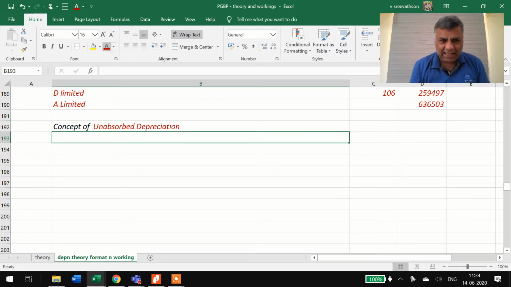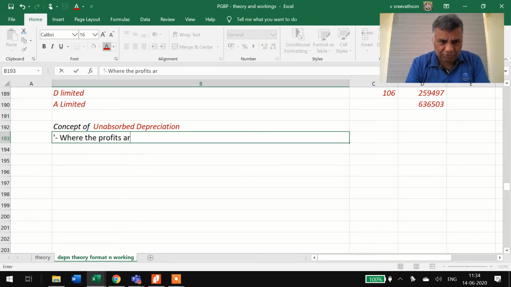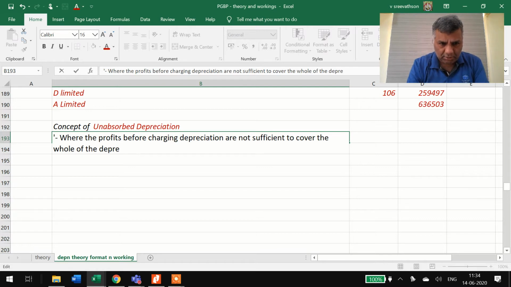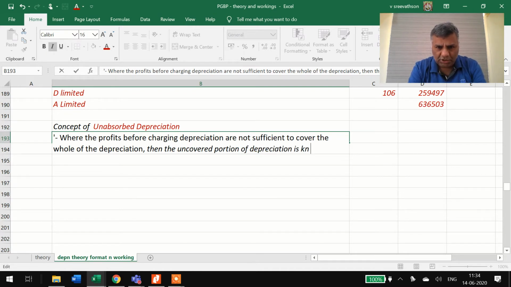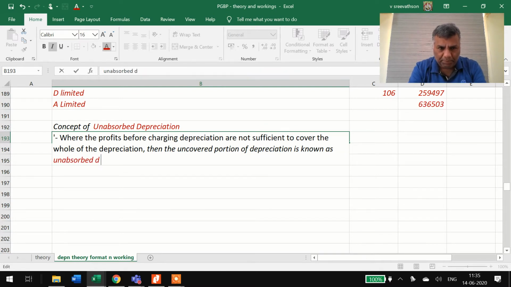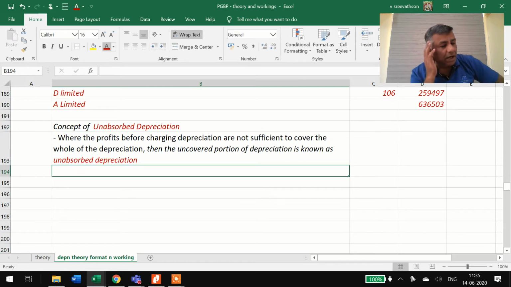So where the profits before charging depreciation are not sufficient to cover the whole of depreciation, then the uncovered portion of depreciation is known as unabsorbed depreciation.